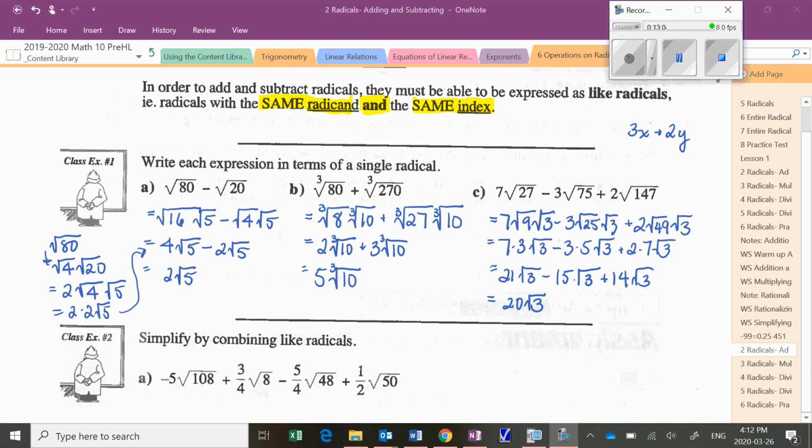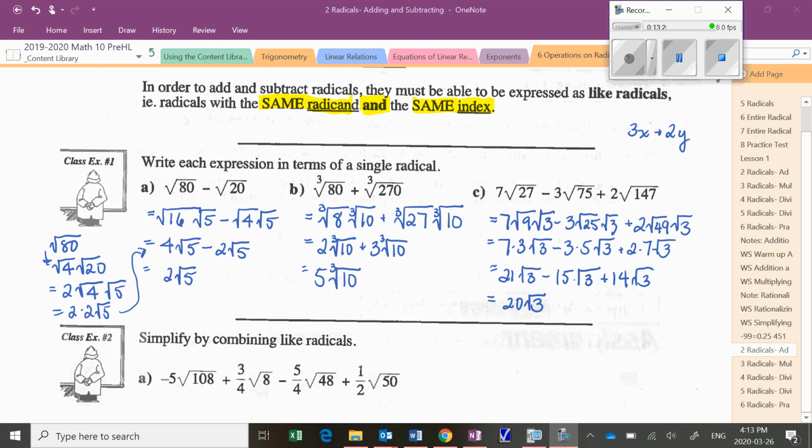So you can see I've taken that extra time to write in 7 times 3, because root 9 is 3, root 3, and then 3 times 5 root 3 plus 2 times 7 root 3. 21 root 3 minus 15 root 3 is 6 root 3, plus 14 root 3 is 20 root 3.